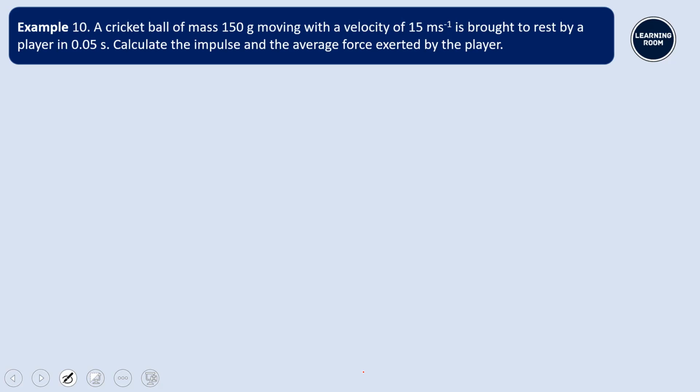If you look at the data that is given, the mass of the object is 150 grams, so 150 into 10 power minus 3 kilogram, or I can write it as 0.15 kilogram. The initial velocity of the object is 15 meters per second, the final velocity is 0. The time taken is 0.05 second. So what is going to be the impulse here?